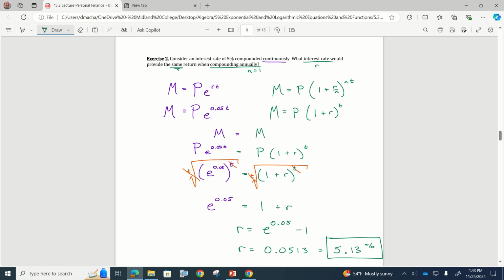And since annually would normally grow slower, I have to boost the interest rate just a little bit on the annual calculation to make it match 5% continuously. In other words, 5% continuous is the same thing as 5.13% compounded annually. So there's a difference, but it's not a huge difference. It's just a little different.